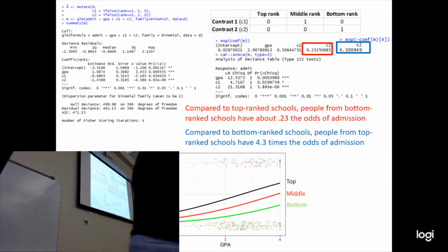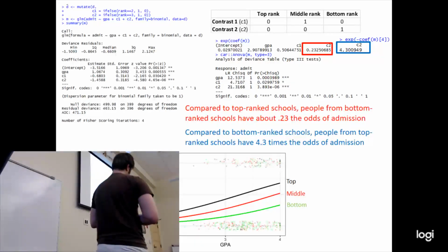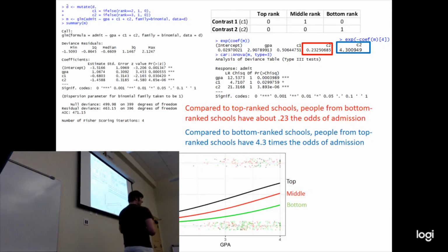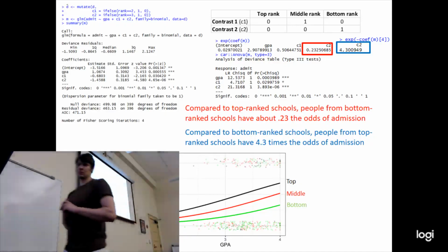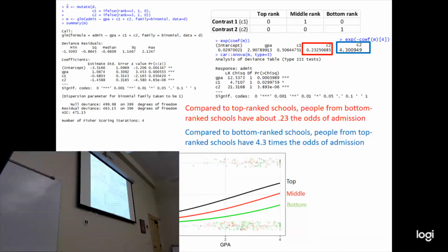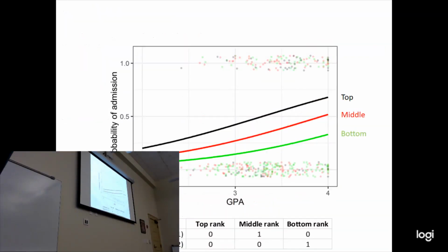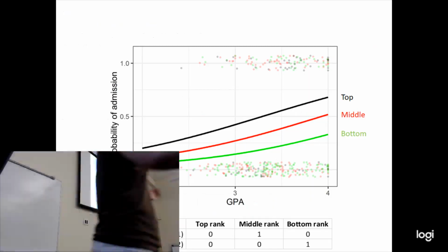And do you still write controlling for GPA for the last two? To be the most correct, yes, you should be saying controlling for GPA, absolutely. That's actually a very good note. All right, so that's a little bit of interpretation.